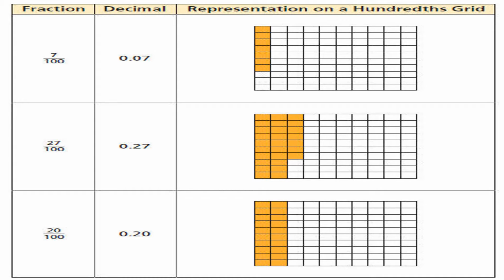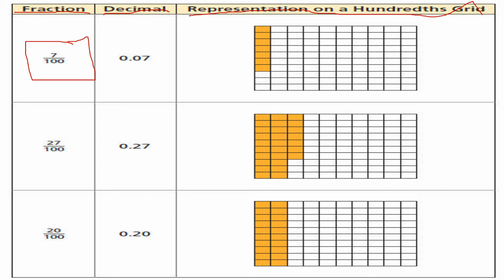Okay, so let's start. So we have here a fraction, the decimal written in this decimal, and the representation on a hundreds grid, or the diagram. Okay, so we have here a fraction 7 over 100.